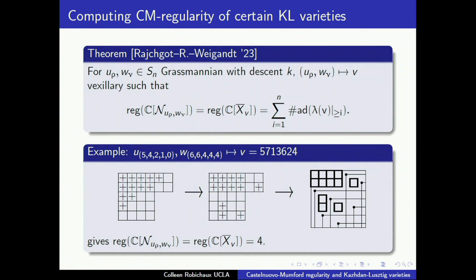If I do the most possible ordinary excited moves that I can do, moving my pluses as southeast as possible, then I can just read off the Rothe diagram for this permutation. And so we see for this Kazhdan-Lusztig variety, since this is giving us this vexillary example that we saw earlier, the regularity is going to be 4 in this case.